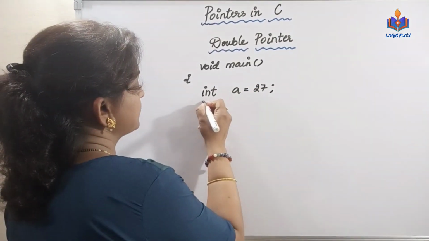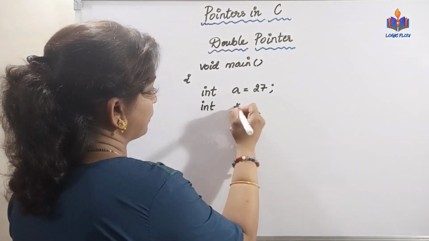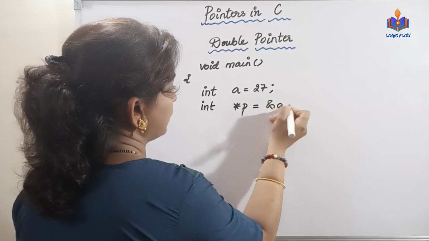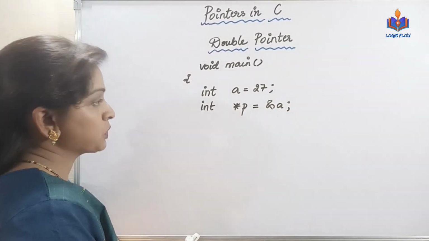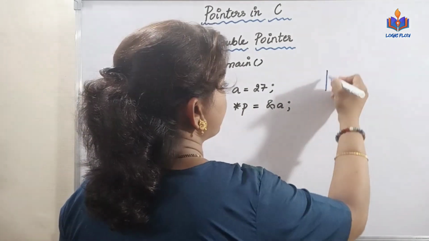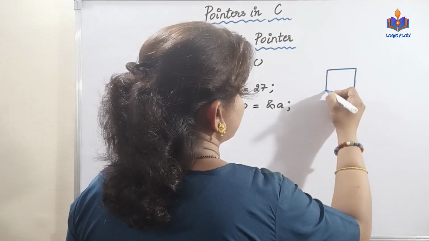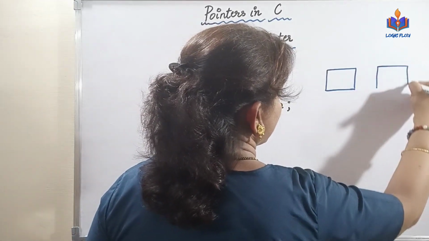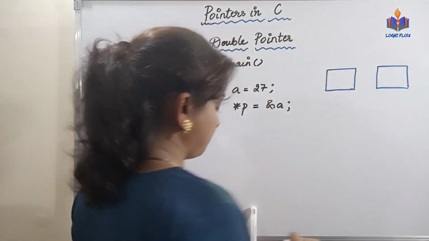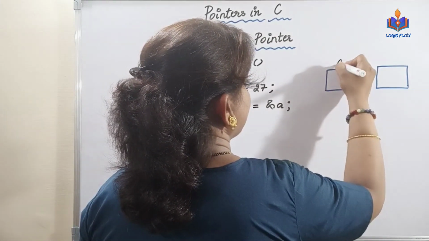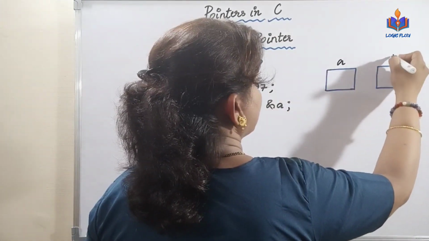Then I say an integer pointer asterisk p equal to ampersand of a. This you all know. As soon as the compiler encounters the variable declaration, it is going to allocate the memory for that. So I have the variable a and the pointer variable p.